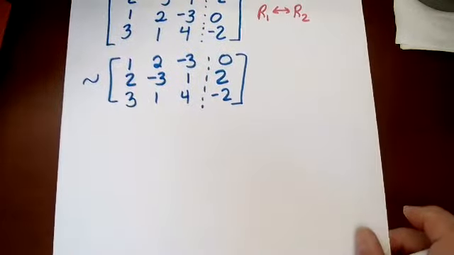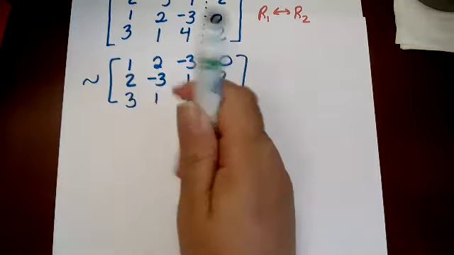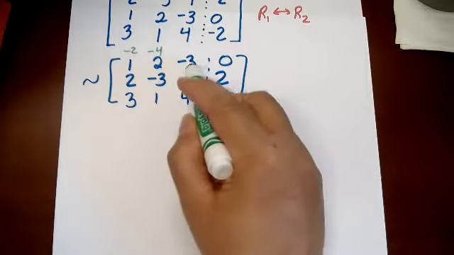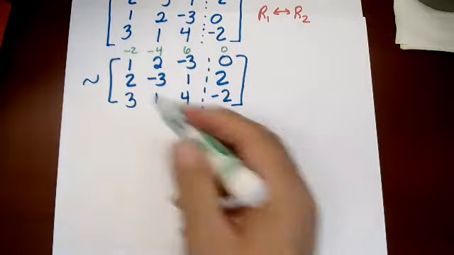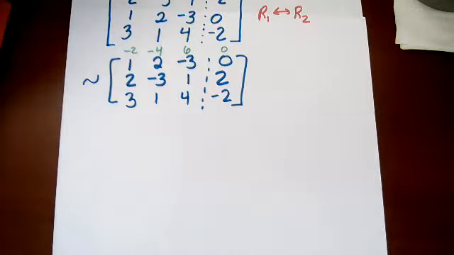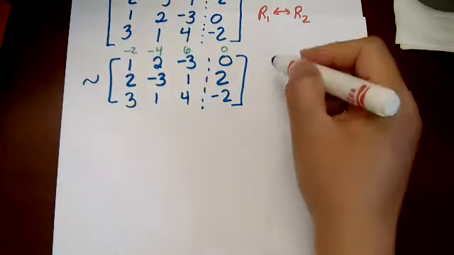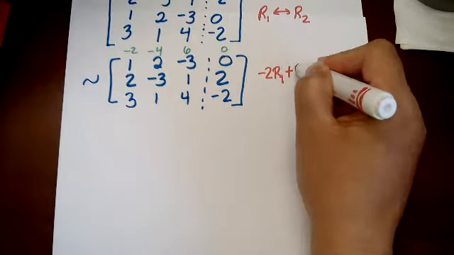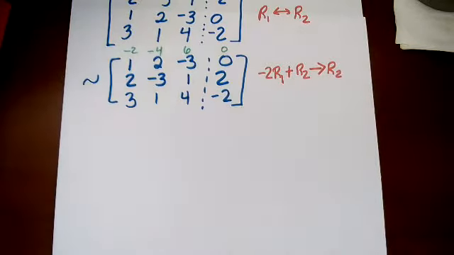Okay, now I would like to get zeros under here. So what I'm going to do is multiply this top row by negative 2. Negative 2 times 2 is negative 4, and negative 2 times negative 3 would be a positive 6, and that would be a 0, and I'm going to add those numbers to the second row. So what I'm doing is negative 2 times row 1 plus row 2, and I'm putting the answer into row 2.